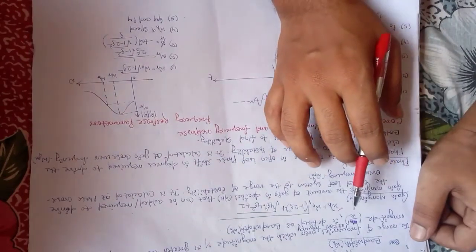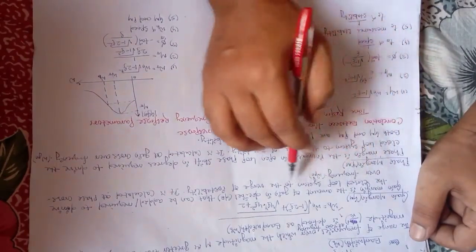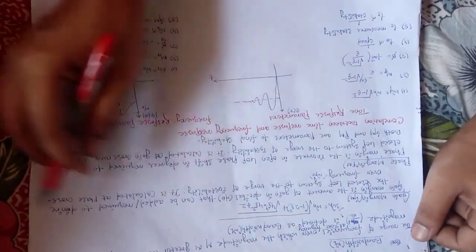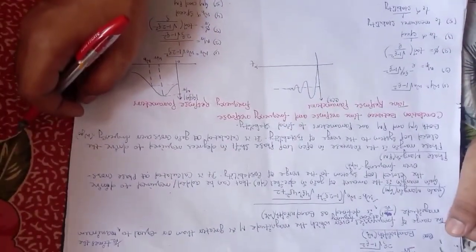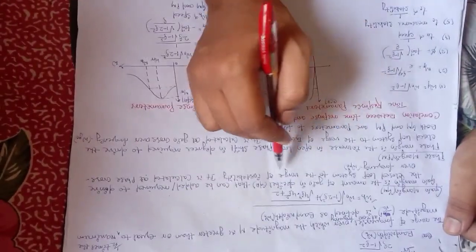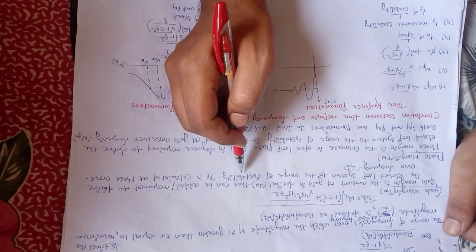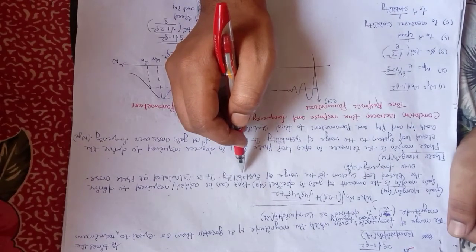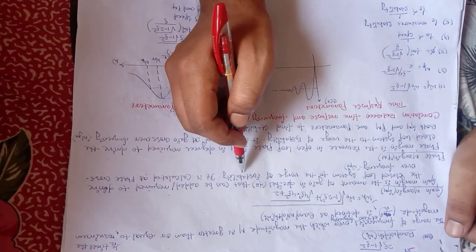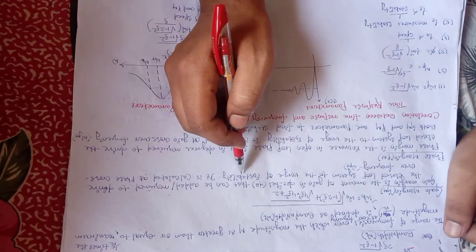Gain margin is the amount of gain in decibels that can be added or required to drive the closed loop system to the verge of instability. That means we will find the amount of magnitude in dB that is required in order to make the system unstable.